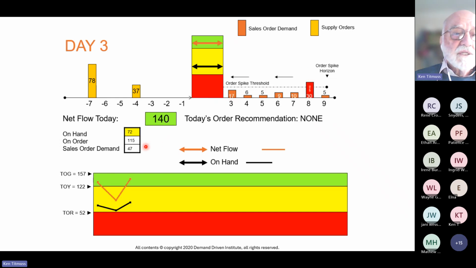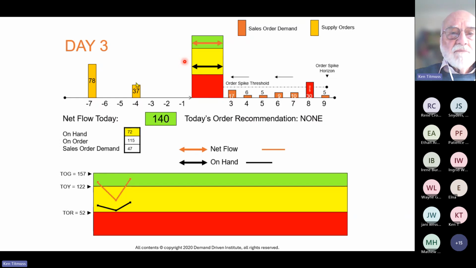So that's 47. My inventory is now 72 because remember I received some yesterday and I did ship some as well. So my net flow is now sitting at 140 up in the green zone, and my on-hand balance is sitting in the yellow zone here, where it should be.